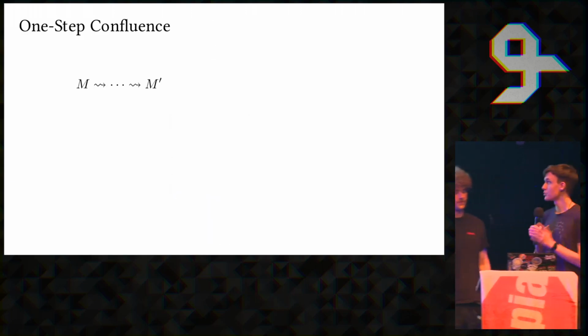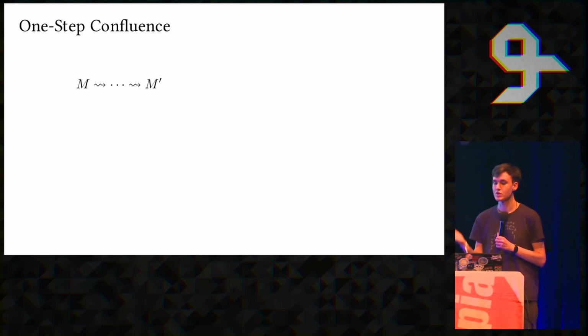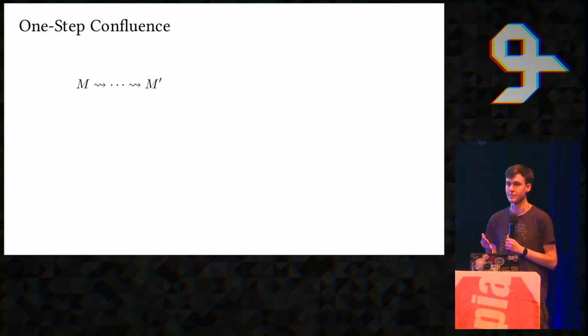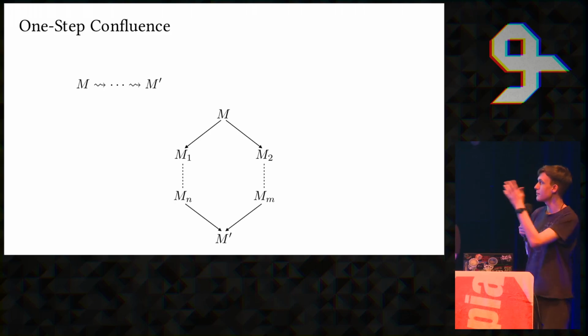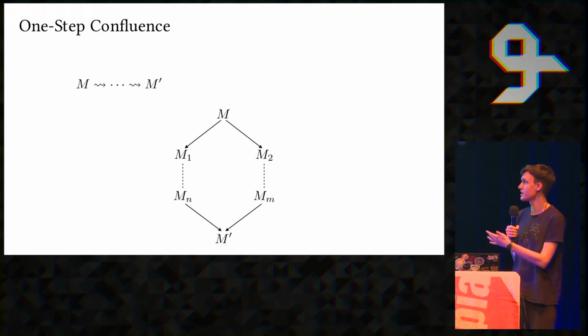Yes, so the one-step confluence, which we have previously argued is the goal of our computational model, we want it to be confluent with a one-step relation, which means effectively, if we have this graph where an M could either reduce to an M1 or an M2 with different interactions applied.